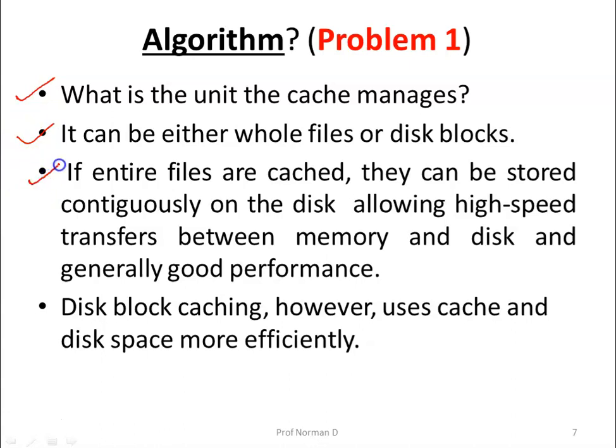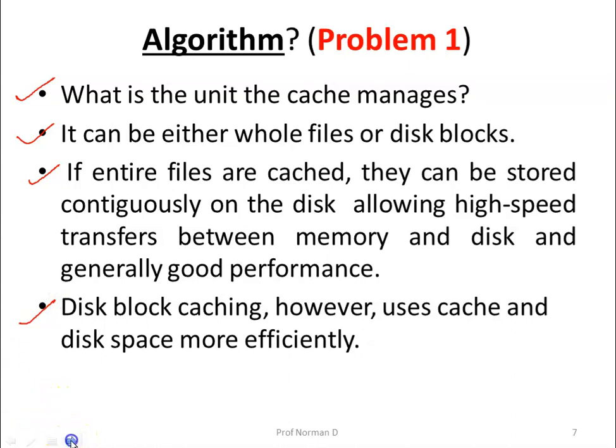If entire files are cached, they can be stored contiguously on the disk, thereby allowing high-speed transfers between memory and disk, which obviously gives good performance. Disk block caching, however, uses cache and disk space more efficiently.